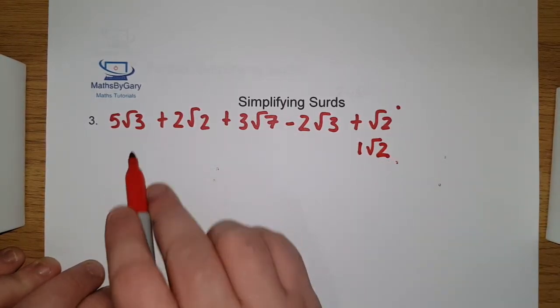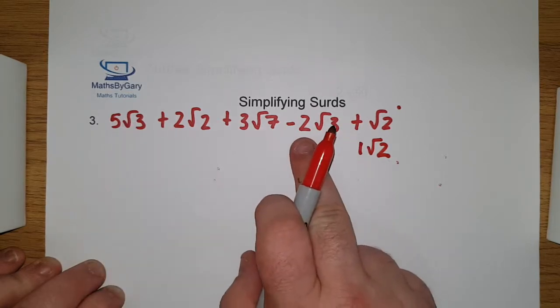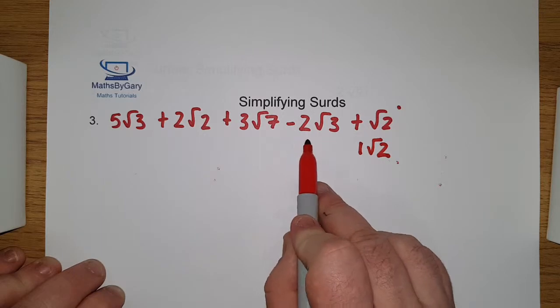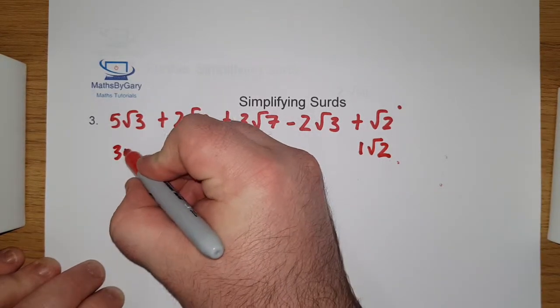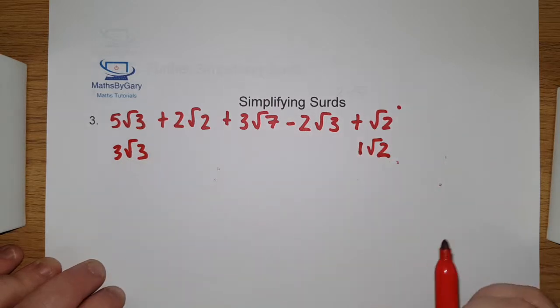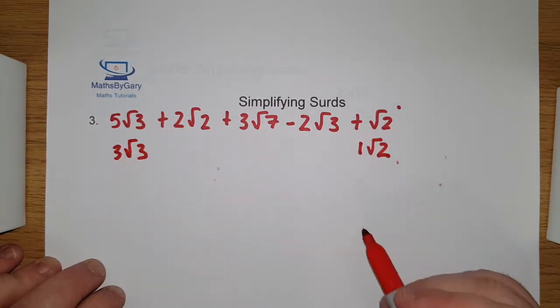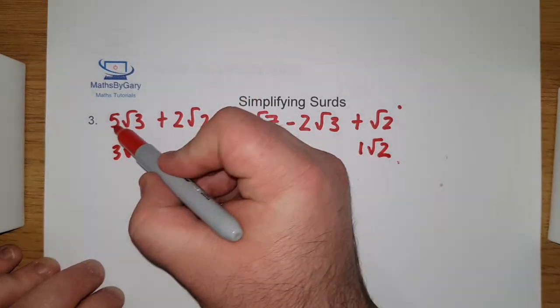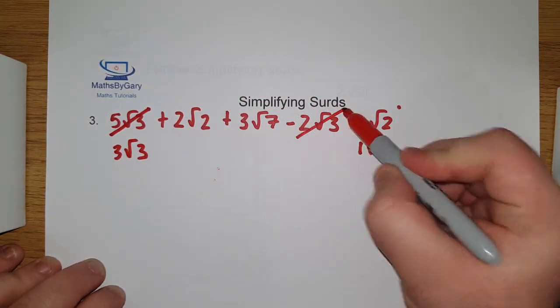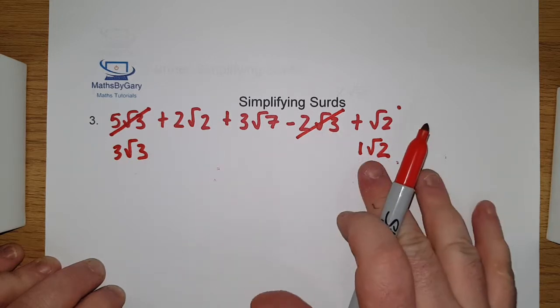So root 3, do we have any other root 3's? We do, we have minus 2 root 3. So starting from the start, 5 root 3 minus 2 root 3 gives us 3 root 3. When we have a longer line of surds, and when we're simplifying, we can score out terms just so we know that we've used them and we don't use them twice. So the root 3 and the root 3 is gone.